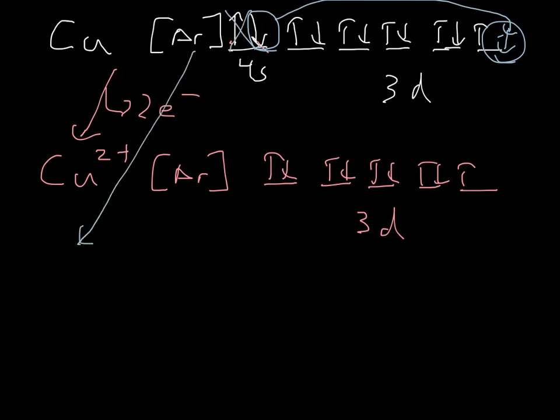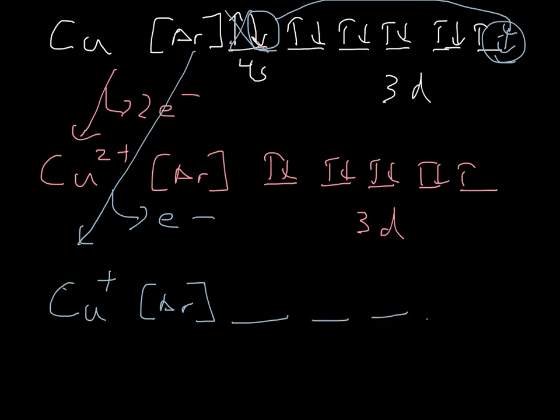In other words, I'm going to get rid of one electron to give myself a 1+ charge. I'm going to demote another electron so that my 4s is empty, but now my 3d is filled.